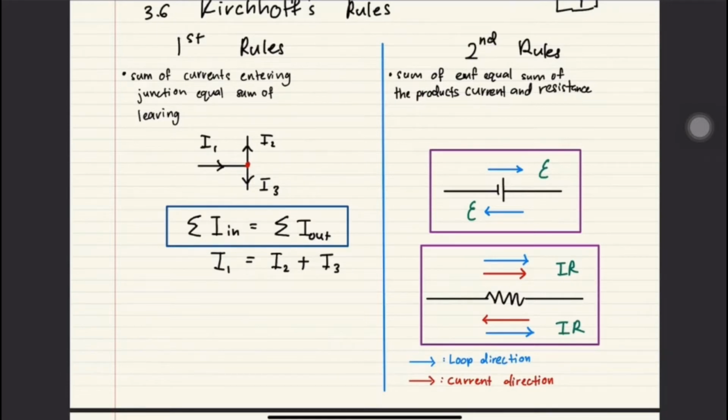So for the second rule, the sum of EMF is equal to the sum of the product of current and resistance. The summation of EMF, which we learned yesterday, we call with this symbol, is equal to the sum of the product of current and resistance. Let me show an example.